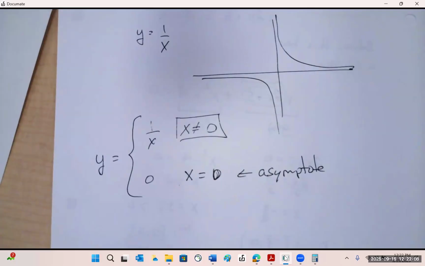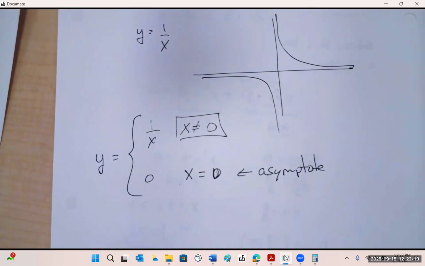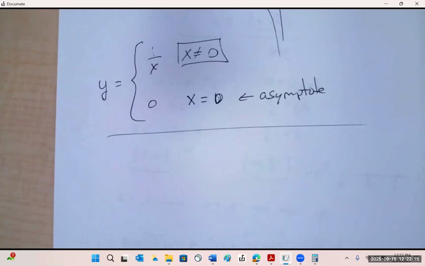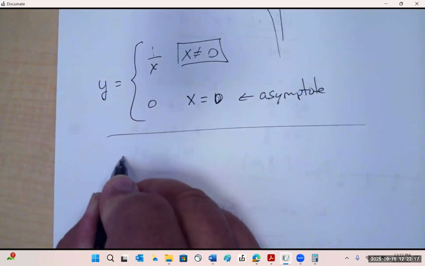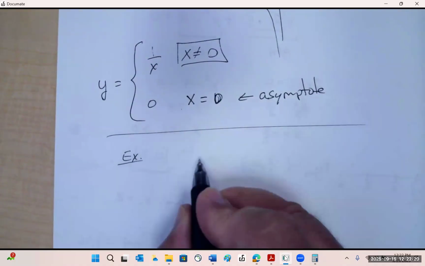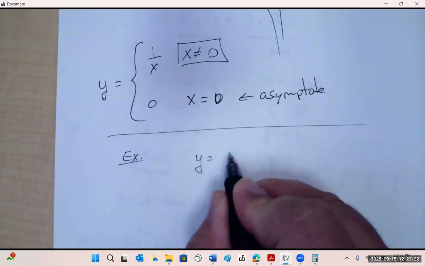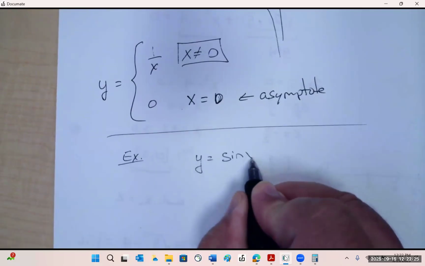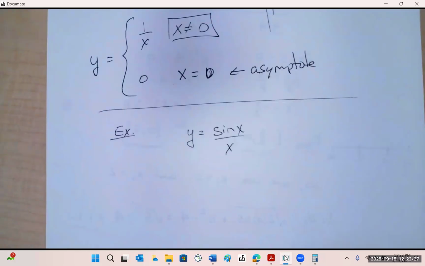Let's look at an example here. We started off the chapter with this question, in the first two sections.